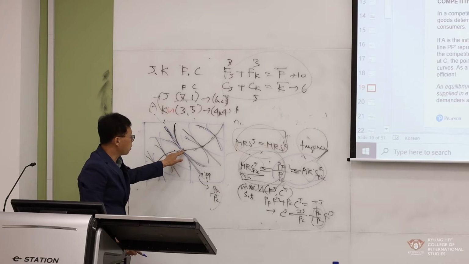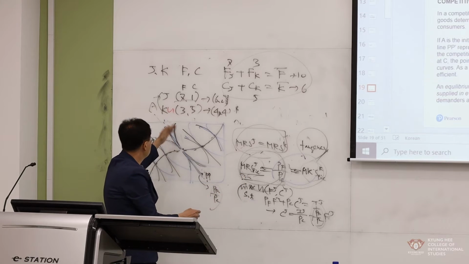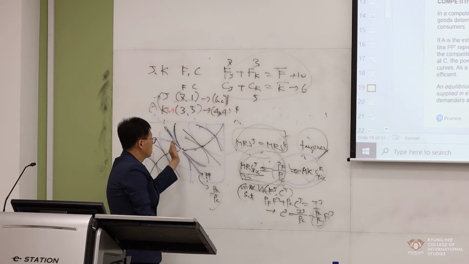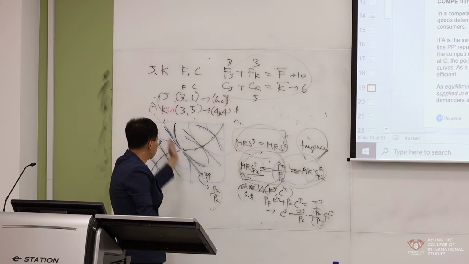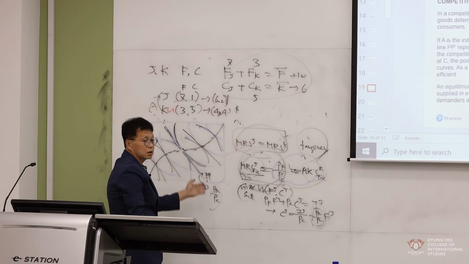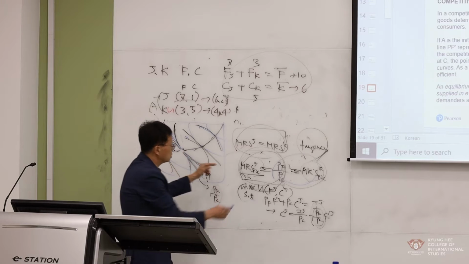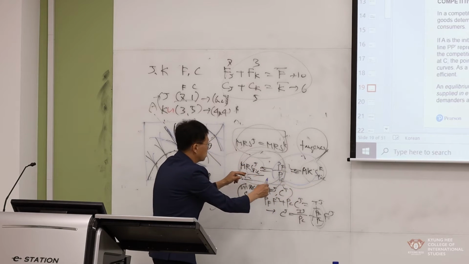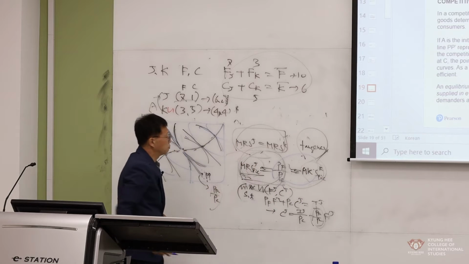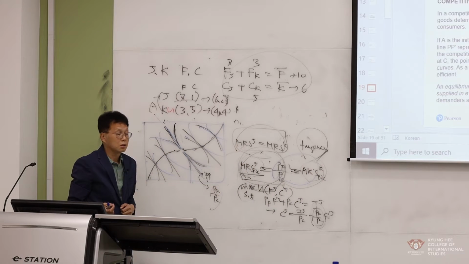Right? So at this point, this one, 3 curves, right? 2 indifference curves and a budget constraint, right? Tangent at this point. So this one is satisfied. So we can find this is a competitive equilibrium. Okay?